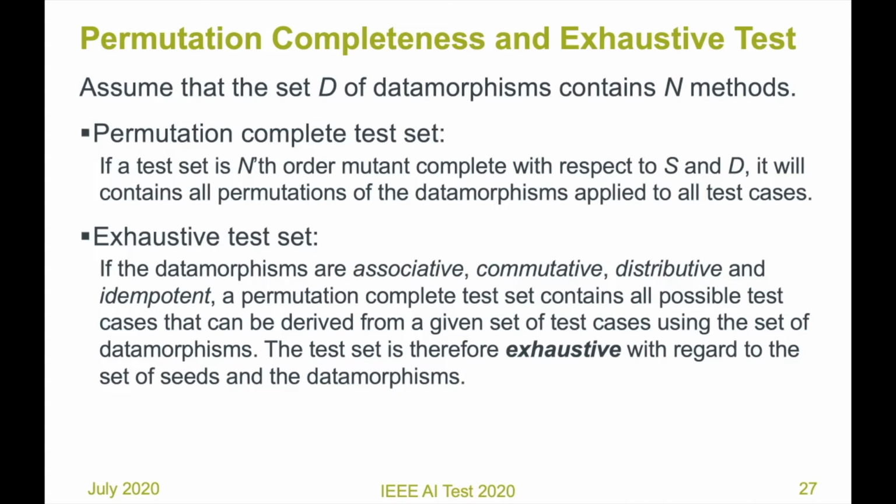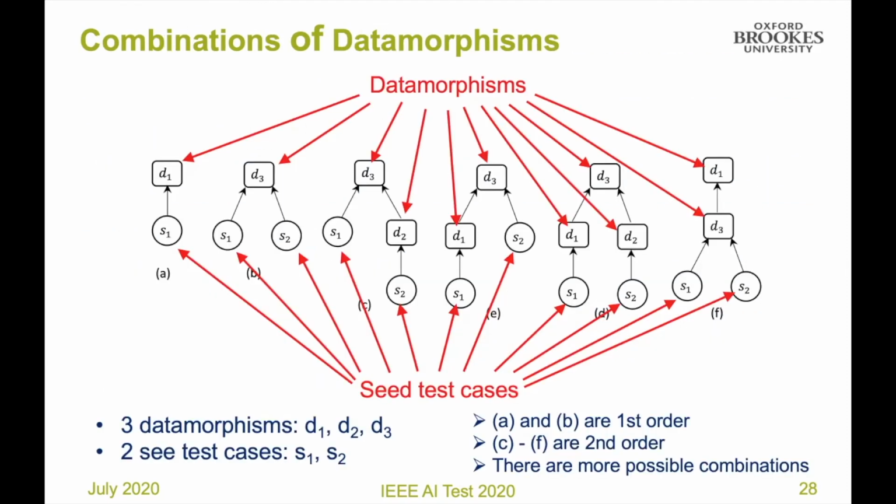If the datamorphisms in this set D have these kinds of algebraic properties, we know a permutation complete test set contains all possible test cases that can be derived from a given set of seed test cases. Therefore, this kind of test set is exhaustive with regard to the set of seeds and datamorphisms.